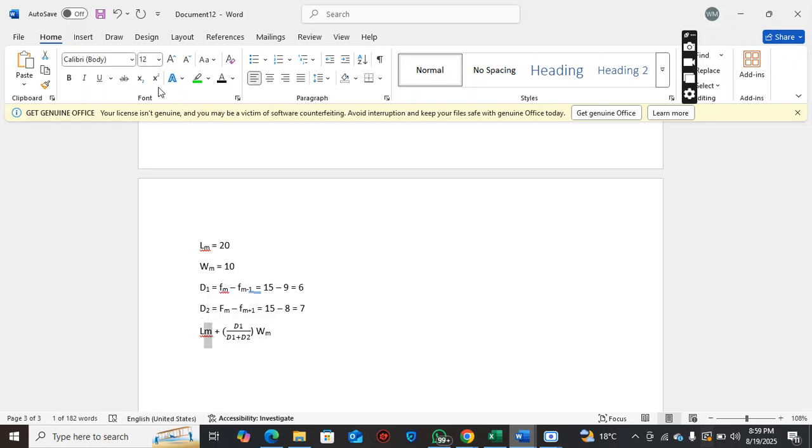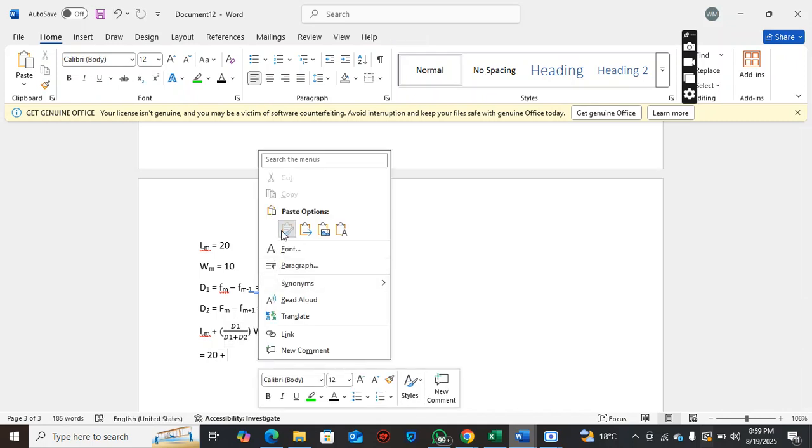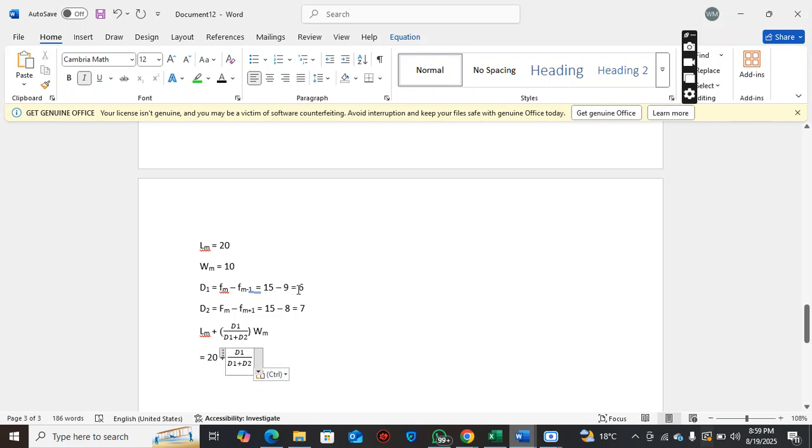So Lm is going to be 20 plus D1 is 6 over 6 plus 7, and then class width is 10.